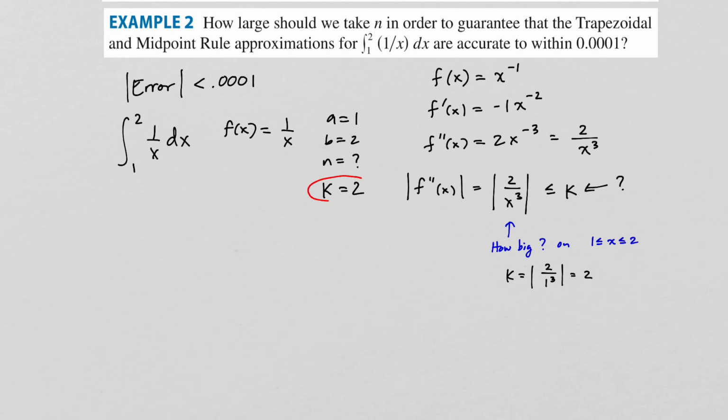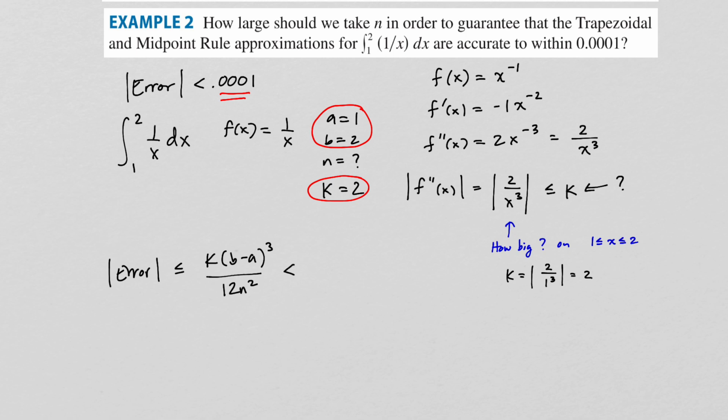So now that we know the value of k, the value of a and b, and we know that we want our error to be no more than 0.0001, let's think about how we can figure out what n is. So we know the absolute value of our error here is going to be less than or equal to k times (b minus a) to the third power divided by 12n squared.